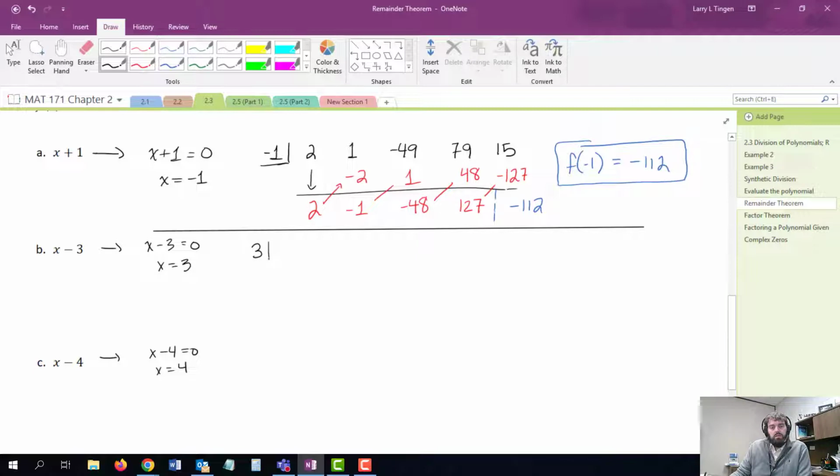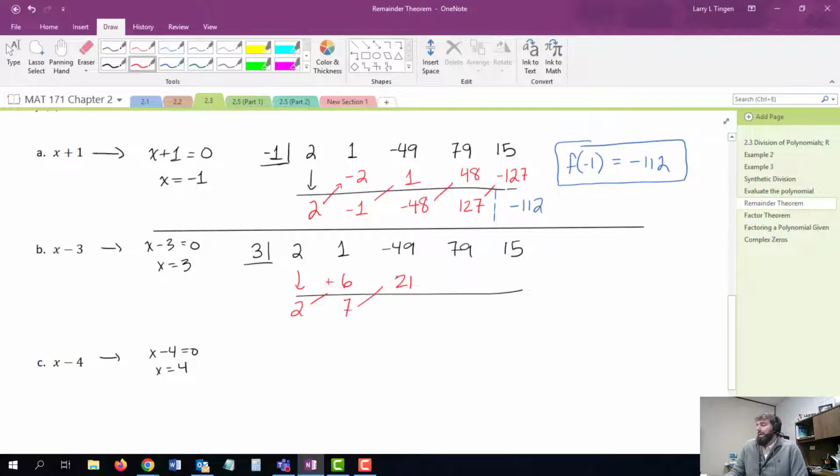Convert to synthetic. 3 goes in the box. Coefficients are the same as above, so I can just copy those. 2, 1, negative 49, 79, 15. Bring down the 2. 2 times 3, 6. 1 plus 6 is 7. 7 times 3 is 21.